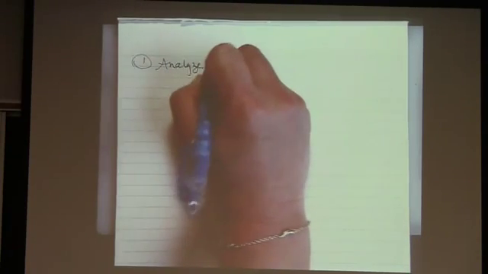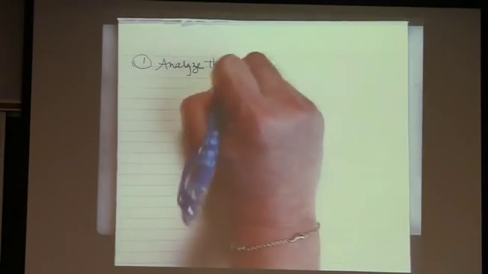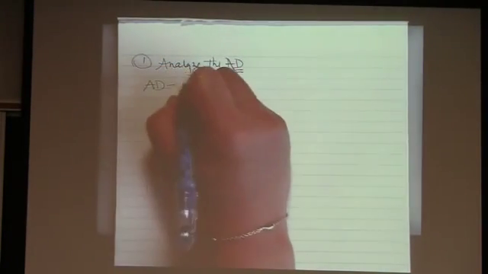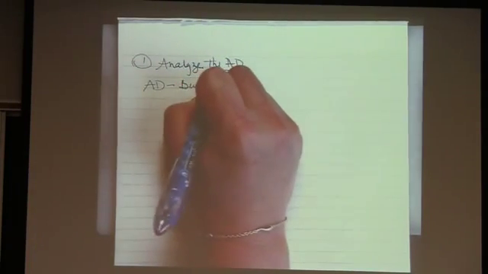So first of all, let's analyze the acquisition differential. In this case, we didn't have to do a purchase price analysis because they've done it for us. So we know that the AD is related to building.